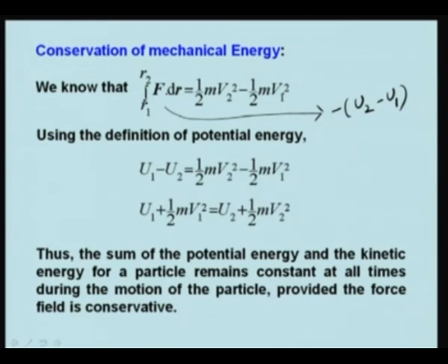The condition is that you must identify the proper F. It is not only what you have applied, but also friction forces. All external forces have to be included in this.